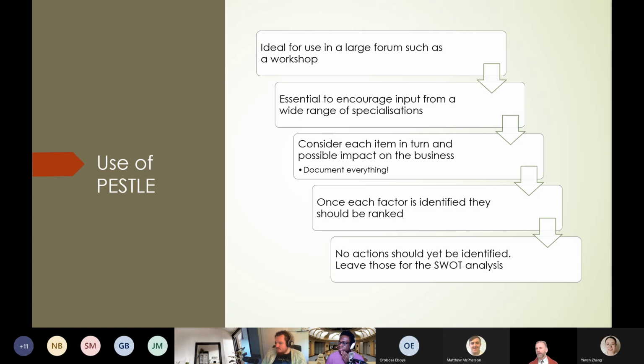And it means that you get people who understand the business from different aspects. And they'll all be able to contribute under all of these headings. If you have a smaller group, they may not have a complete understanding of everything that goes on in the business. So you want a larger forum, get a workshop, get lots of people, and get everybody to chip in.